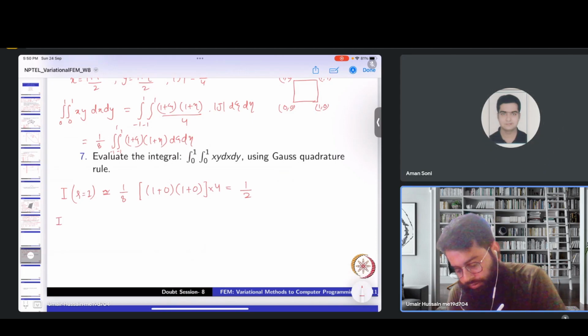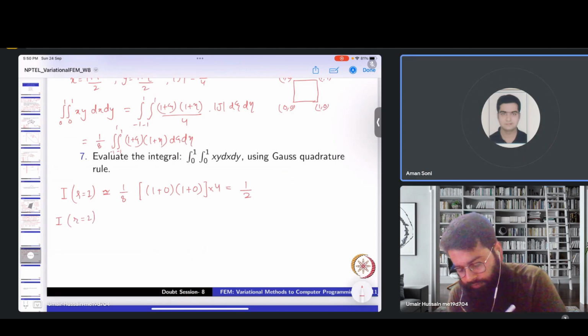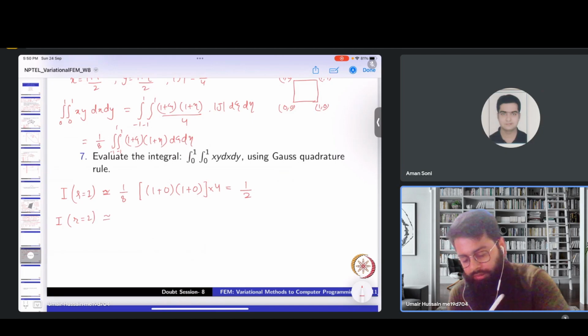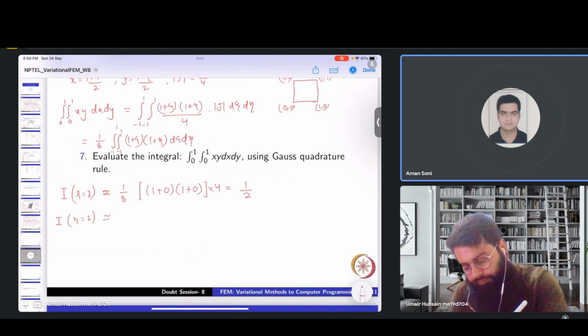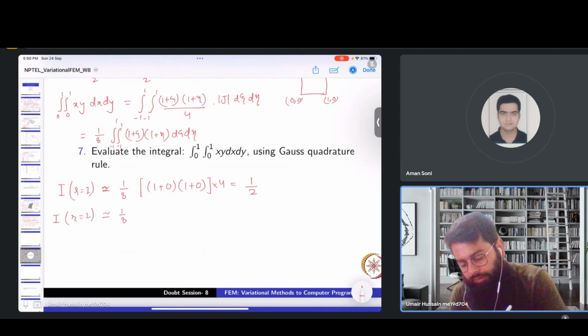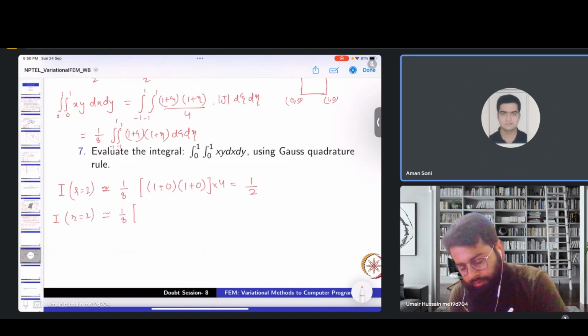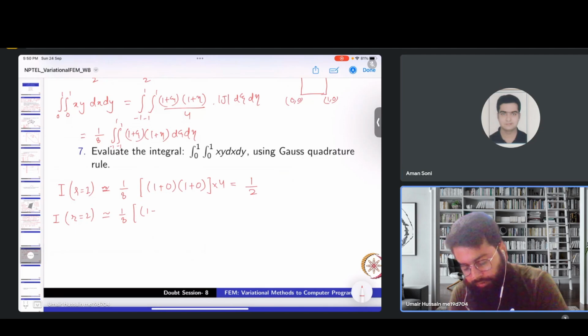If we use 2 points, that means 4 constant. We have 1 by 8 plus 1 by root 3, 1 by root 3.